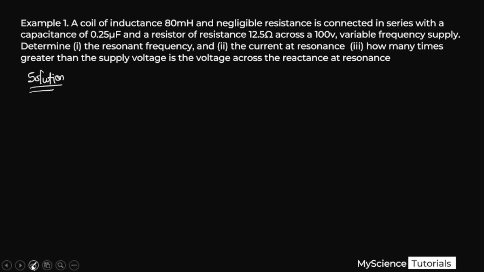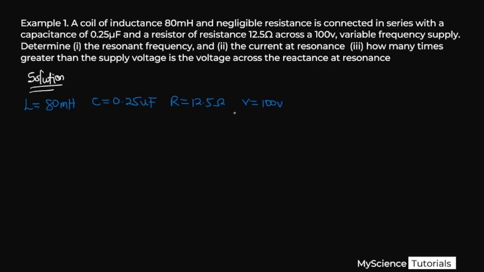Alright, so let me use another color for the calculation. Right, so we're told that a coil of inductance, so we have our inductance L equal to 80 millihenry, and we also have our capacitance C equal to 0.25 microfarad, and then the resistor of resistance 12.5 ohms, and then a voltage of 100 volts supply.